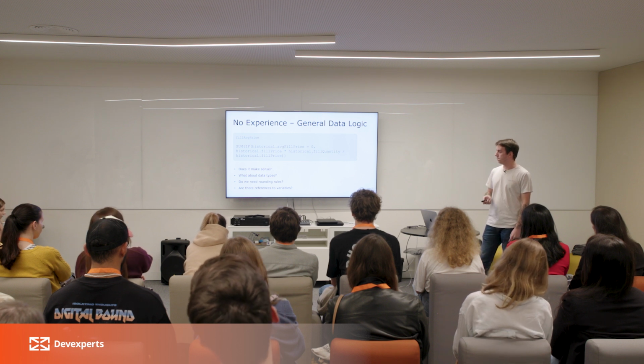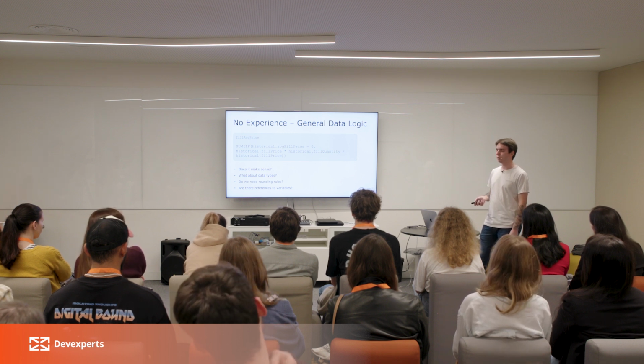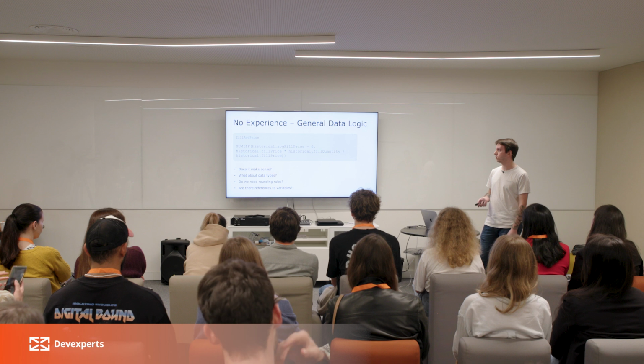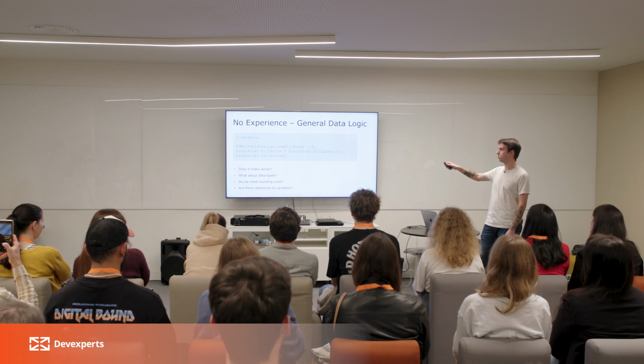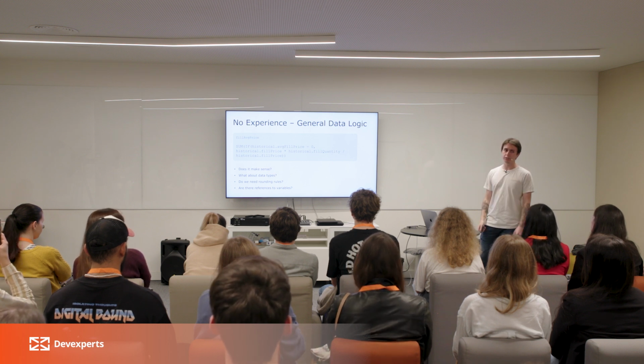Another question is if there's any reference to variables. This is important. I may not know what historical.average fill price is, but the business analyst probably does. So if you don't see any reference or explanation of what the value is, you can request this. It's common knowledge. Another thing is that formatting can be different for UI and backend.